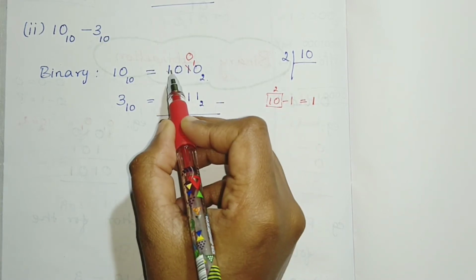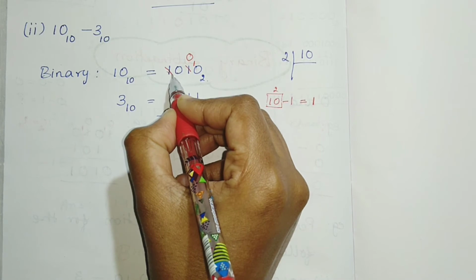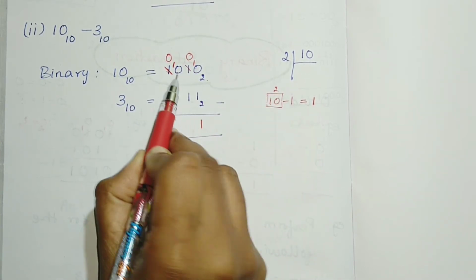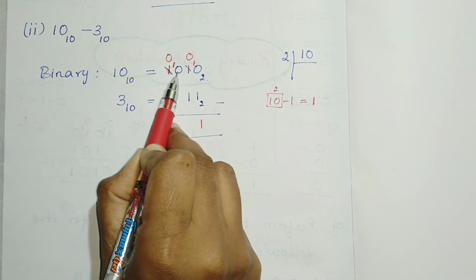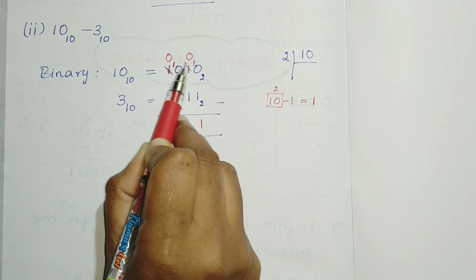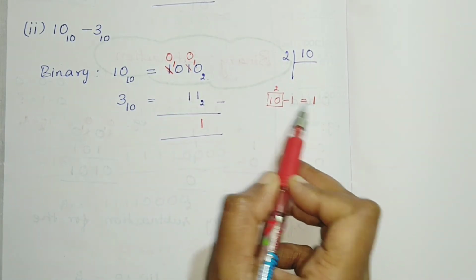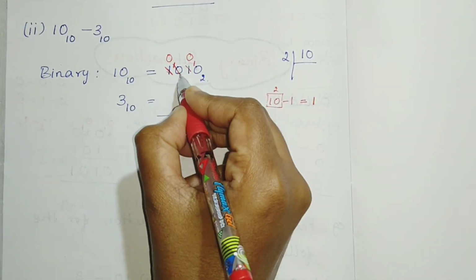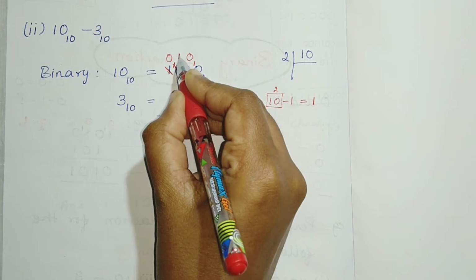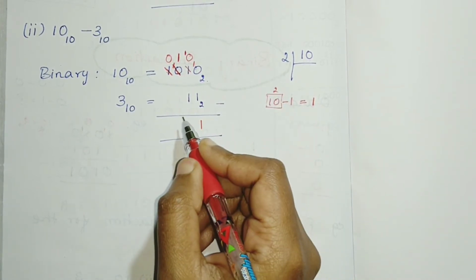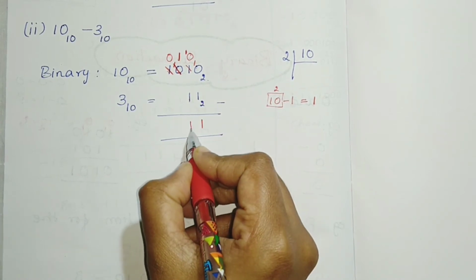So move on to the most significant bit, which is 1. Strike out that 1 and replace it with 0 and give 1 to the next bit. So now it is 10 which means 2. From 2 we have to give 1 to the next bit. So 10 minus 1 is 1. Now here it turns into 10. So 10 minus 1 is 1.